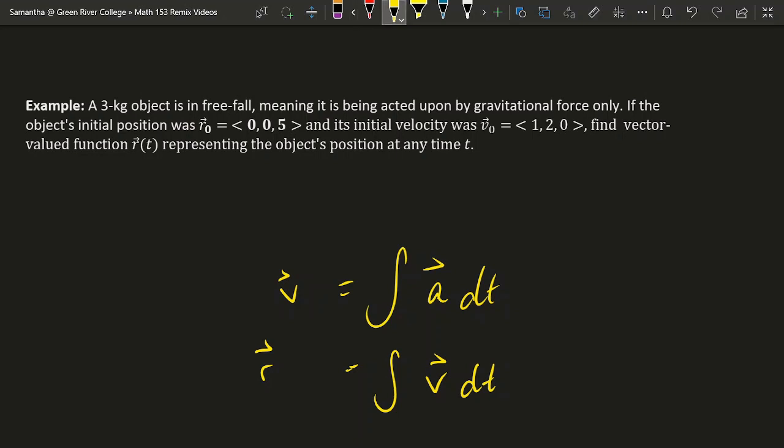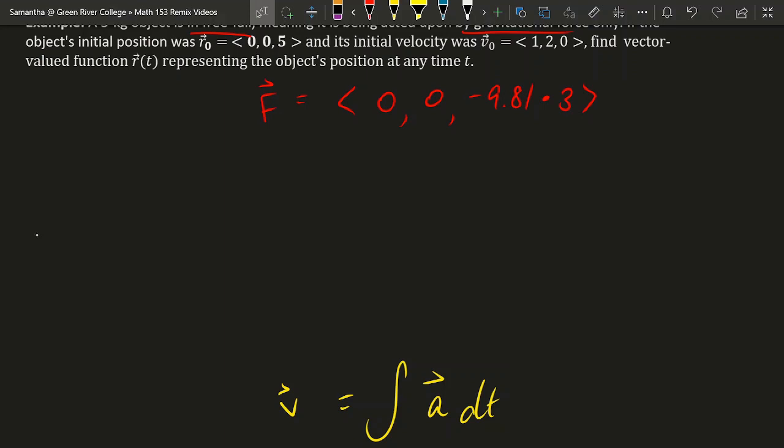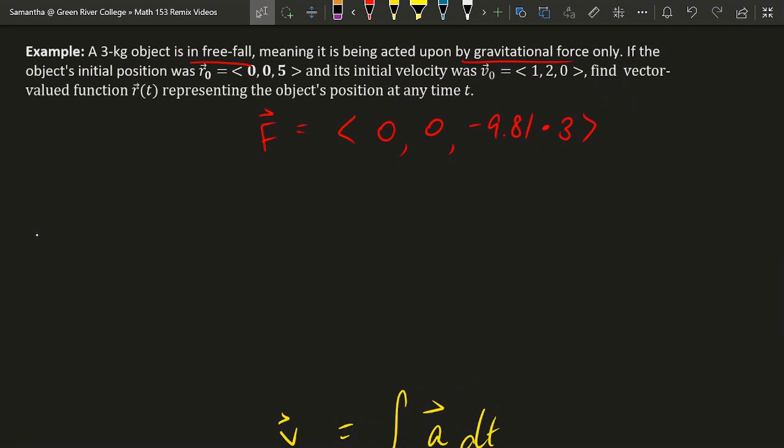Well, the key to that is given right here. The object is in free fall, acted upon only by gravitational force. We know that the gravitational force of an object acts straight downward, in this case, straight downward being the negative z direction, say, and the magnitude will be equal to negative 9.81 multiplied by the object's mass.